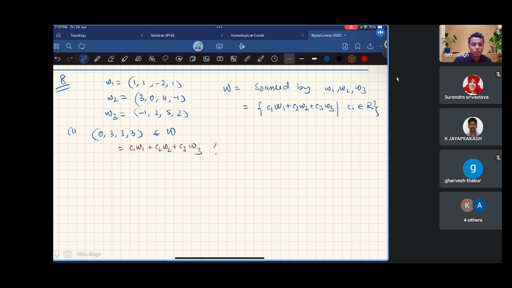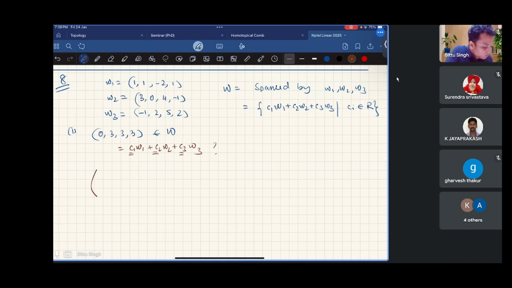If we can give some answer, it is true. If you cannot make any answer, then it is wrong, and you need to prove that it cannot be made. Another way is to make a matrix and reduce it to row echelon form.